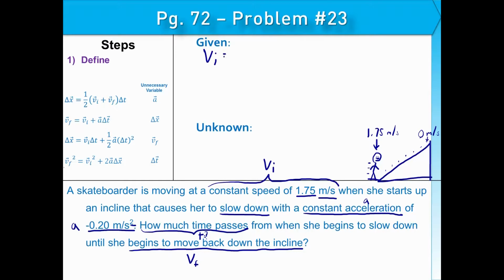Initial velocity is positive 1.75 meters per second. I'm going to make the direction going uphill positive. Acceleration is then negative 0.2 meters per second squared. My time is unknown. And my final velocity, although it doesn't state it directly, is implied to be 0 meters per second.